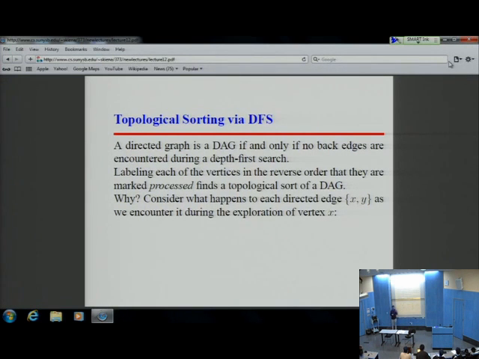To find an in degree 0 vertex, how do I find a vertex of in degree 0? I go through this array. Which one is 0? Ding, that is 0, right?